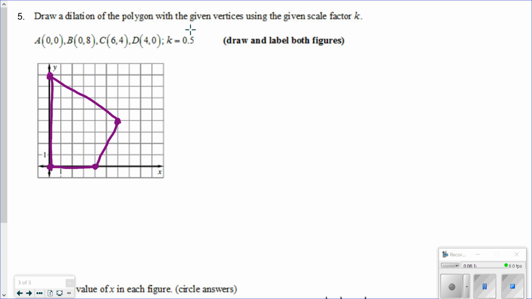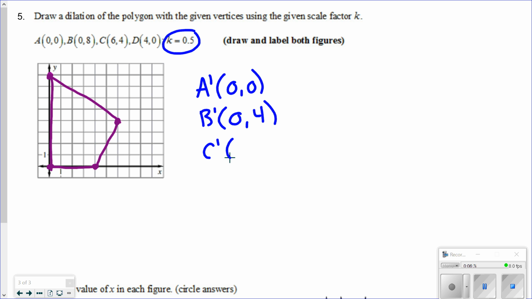Next, I'm going to take my scale factor, which is 0.5, and multiply that to each coordinate, my x and y values, which means A prime will stay as (0, 0). B prime will then become (0, 4). C prime is going to become (3, 2). And D prime is going to become (2, 0). So now I'm going to plot those points on my coordinate grid. There's my new polygon, and I'm done.